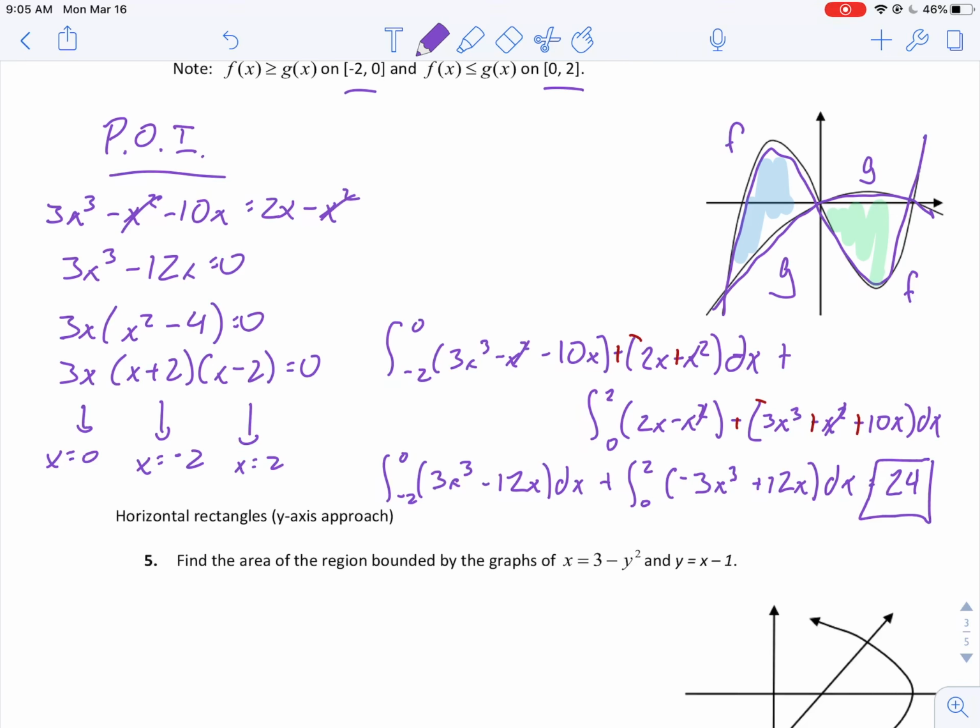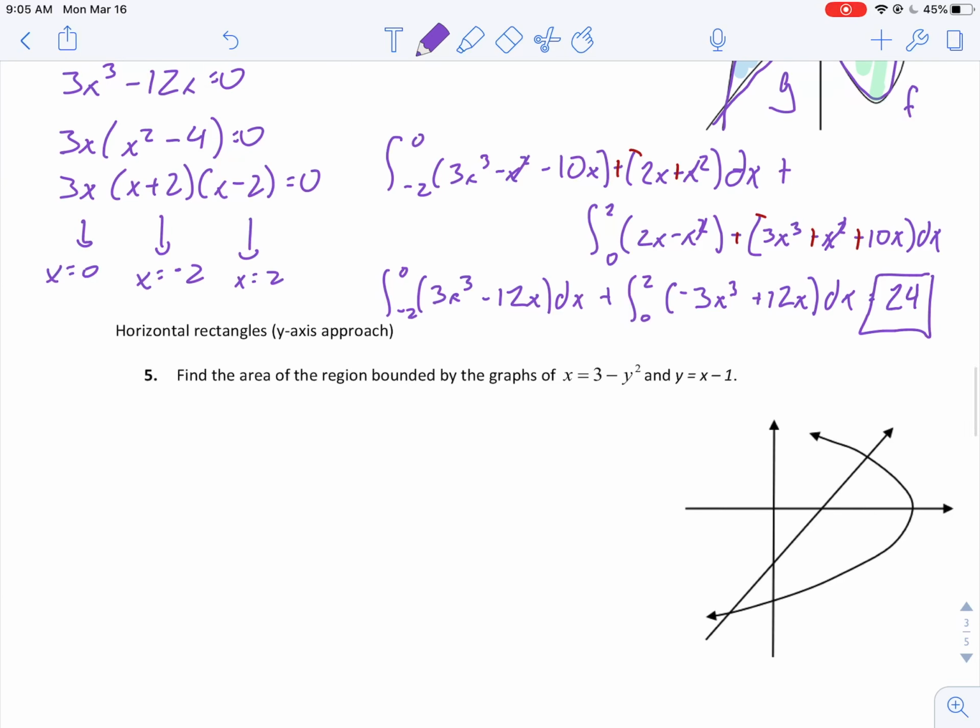All right. Next, we're going to look at horizontal rectangles, or the y-axis approach, and I'll show you why. Find the area of the region bounded by the graphs of x equals 3 minus y squared and y equals x minus 1. So I know y equals x minus 1 is obviously my linear function, and this first function is x as a function of y, so it's a horizontal or sideways parabola.